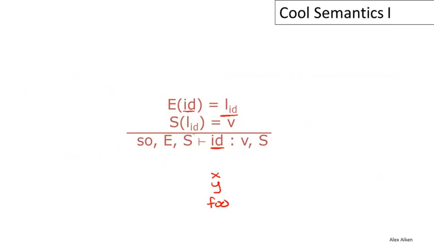And then we look up in the store what the value is at that memory location. So we use the same memory location as an argument to the store to get back the value that variable currently has. And notice that this is a read of memory, so this is loading, you can think of it as loading the value of the variable. This does not affect the store, so the store is the same before and after. This is just looking up the value of a variable, not updating the variable.